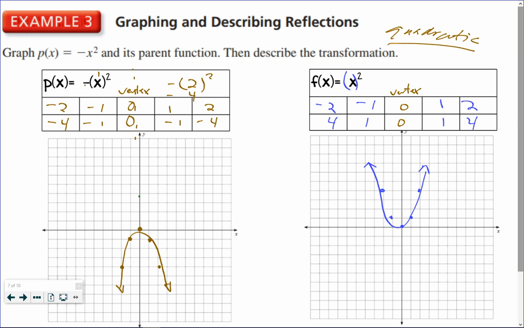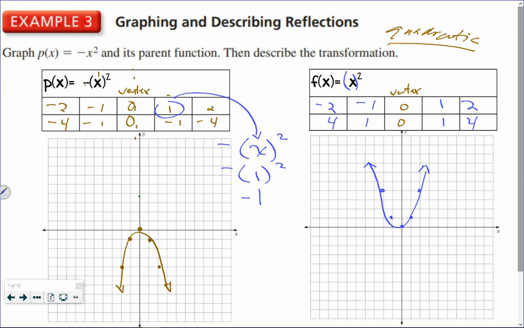How'd I get negative 4? Okay, so let me work it out again. That's the function, right? If I put 1 in for x, what's 1 squared? Okay, so I put 1 down, but I also have to bring the negative down, right?